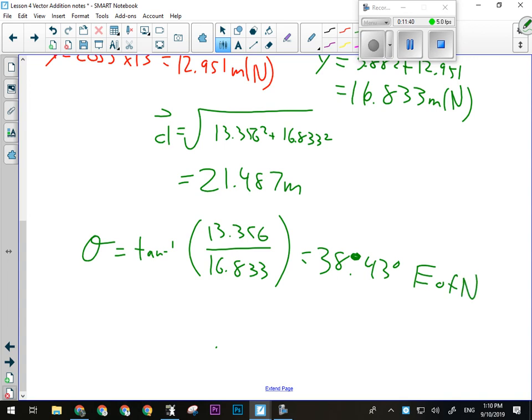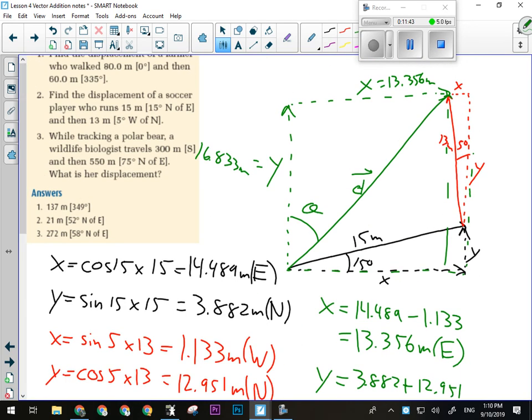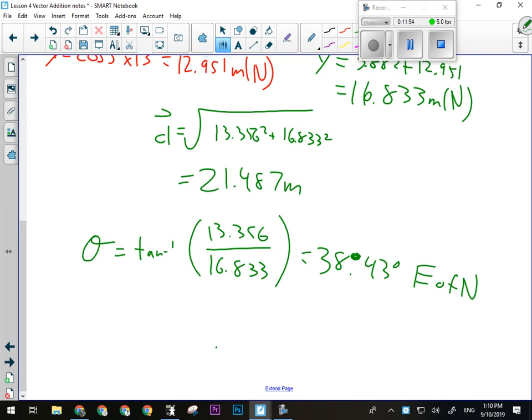All right, last thing I have to check. How many significant digits should my answer have? 2, 2, 2, 1. Ridiculous to have 1, but that's what I've got. This is what I didn't want on our quiz.